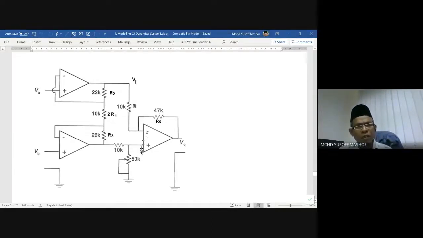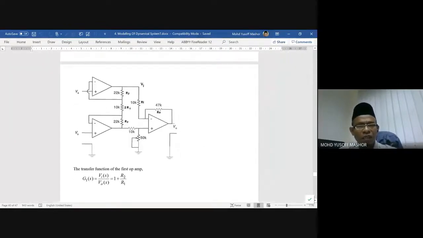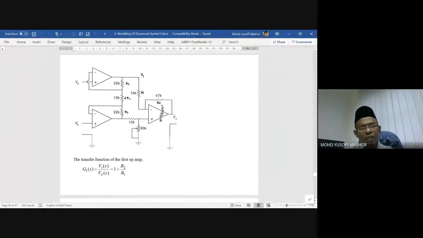This is just a common amplifier. If you see here, for example, for the first op-amp, the input is applied to plus, so we know that this is a non-inverting amplifier. For a non-inverting amplifier, the transfer function is 1 plus the ratio of Z2 divided by Z1.